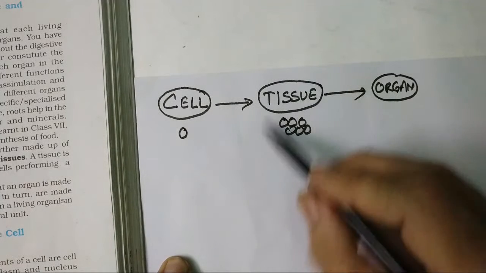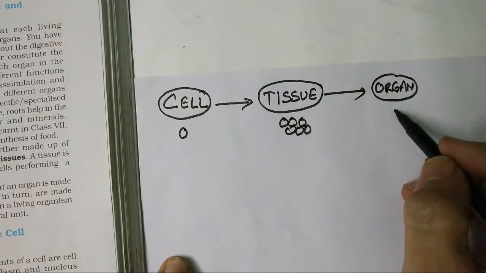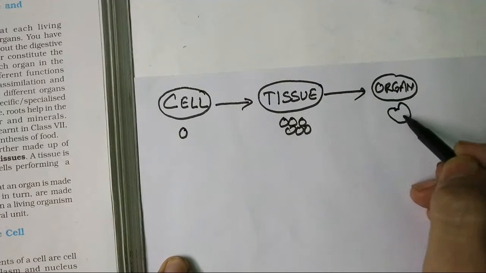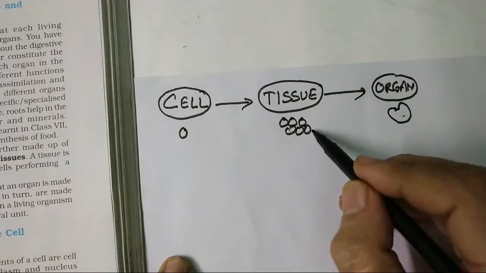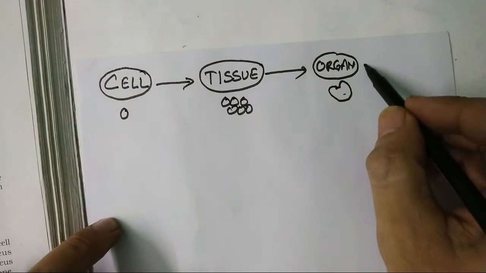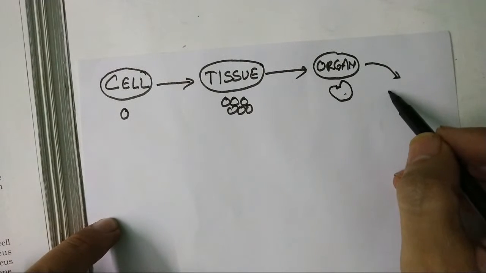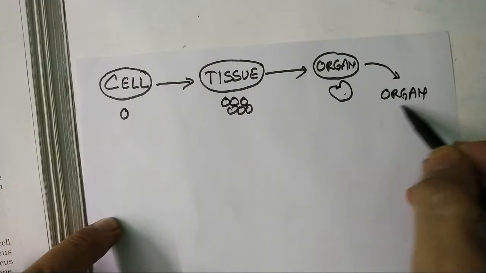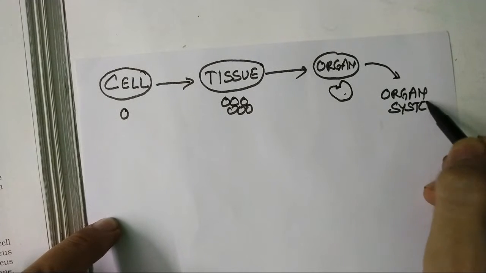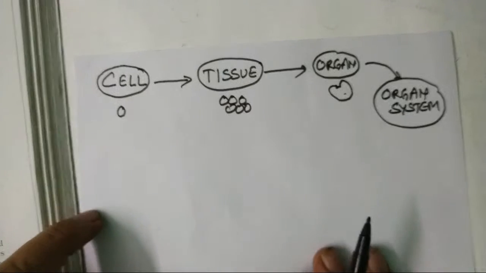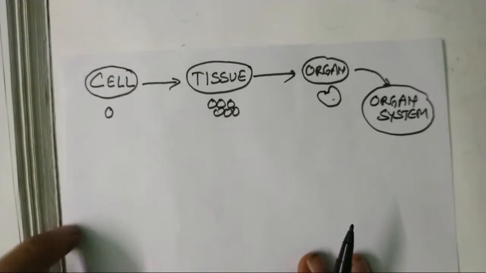This collection of tissues will make an organ. If you are studying the heart, then the heart is made up of tissues. And when many organs combine, they make a system, which is called the organ system.